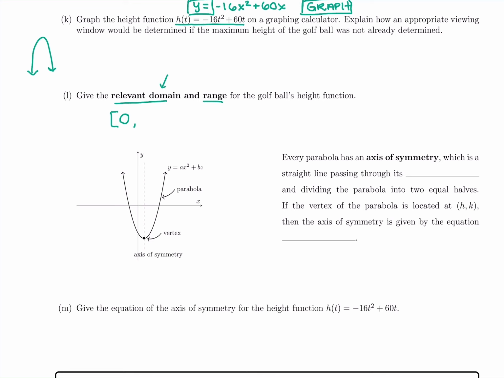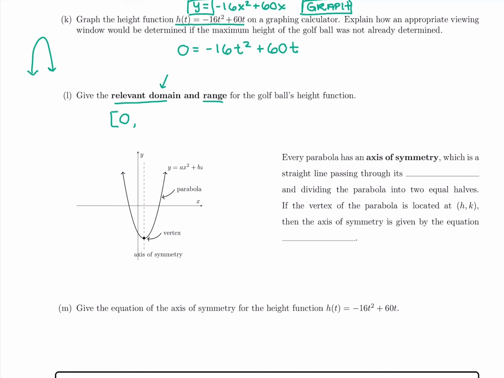So to figure out this domain, we want to see what times correspond to a height of 0. We could already tell by our chart a couple videos ago that the golf ball was in the air between 0 and 4 seconds approximately, but we're going to factor this to figure out what time exactly the ball is in the air for.